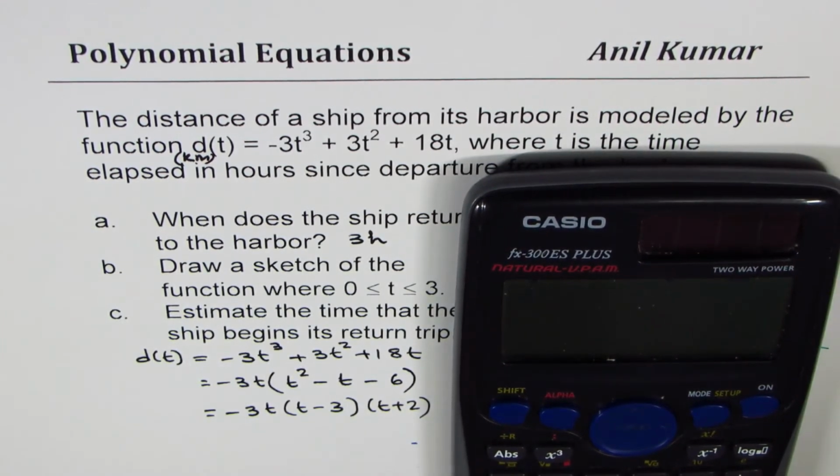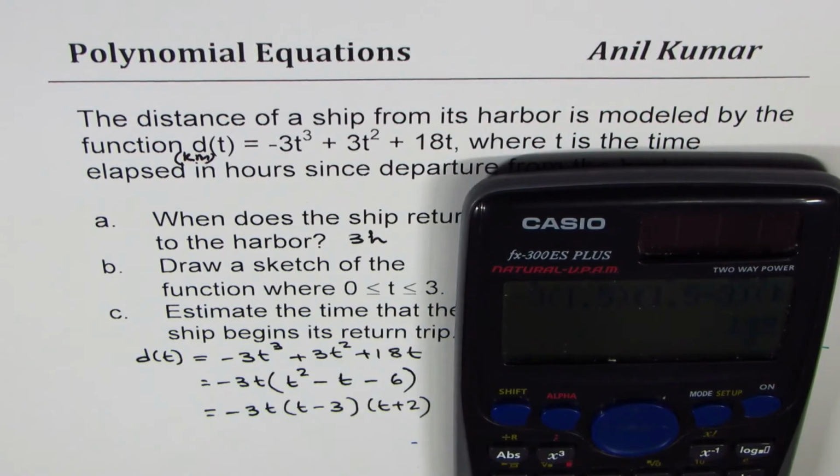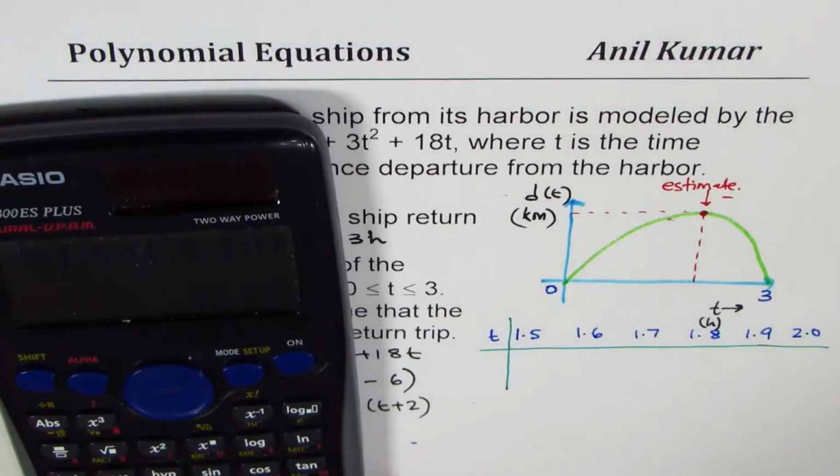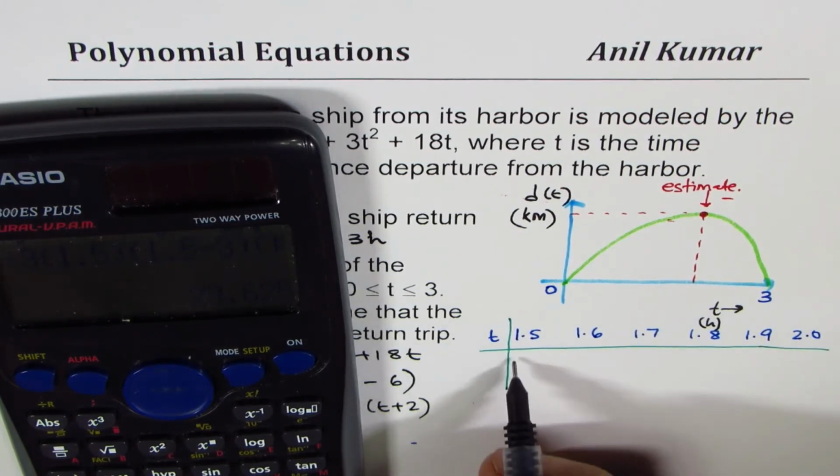So we have minus 3 times, I'm using 1.5 first, within brackets 1.5 minus 3, times 1.5 plus 2, bracket close, equals. Let's write them in decimals. For the first one, we get a value of 23.6.